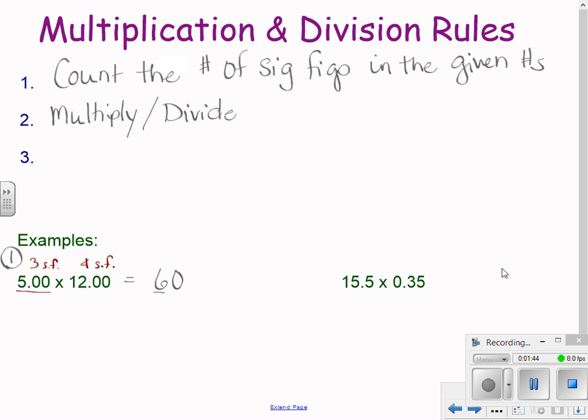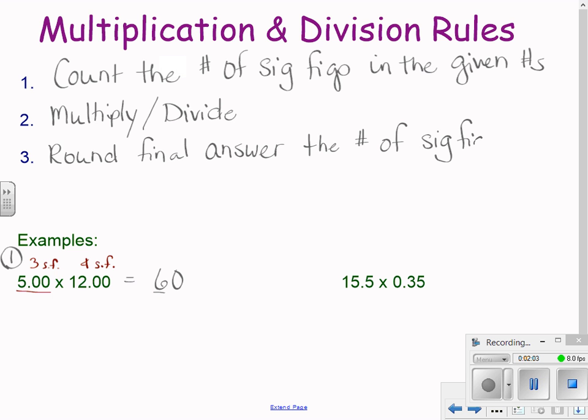Okay, so let's worry about what we're going to do to round. So our final answer, round the final answer to the least number of Sig Figs.